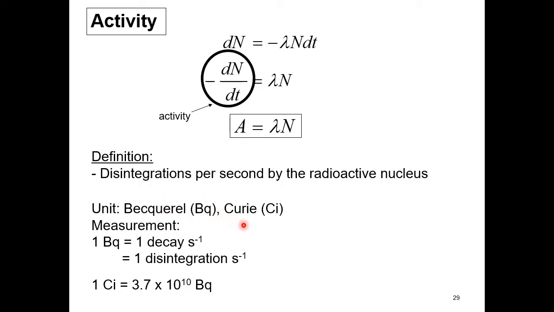And if you have a question that gives activity in the unit Curie, you have to convert it to becquerel. Guys, 1 Curie is equal to 3.7 times 10 to the power of 10 becquerel.